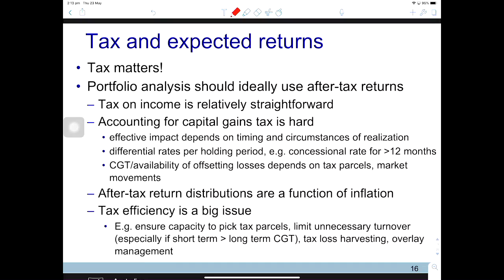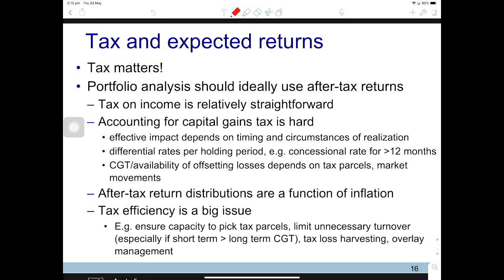We have a 50% concession on the realized capital gains generated by investments held for at least 12 months. And with investment in Australia, whether share investment or property investment, there is negative gearing in place so that investors will benefit from these tax concessions.